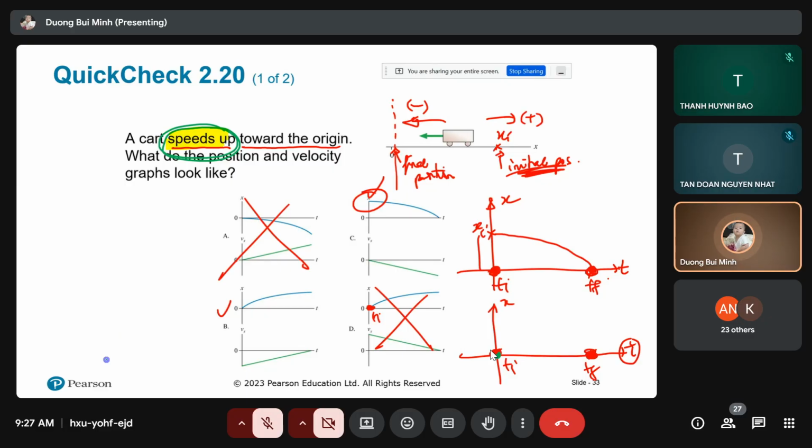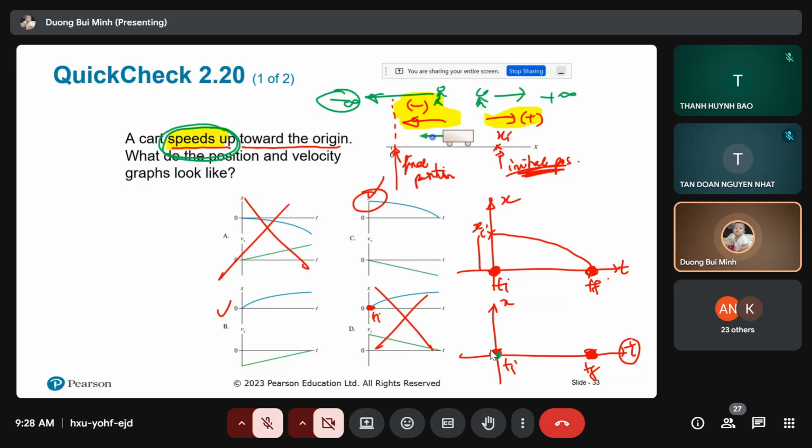And then if we consider the direction, as we mentioned before, if we move to the right side, you get positive. If we move to the left side, you get negative.